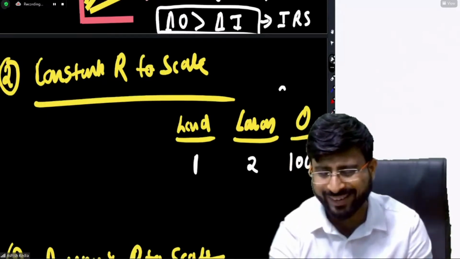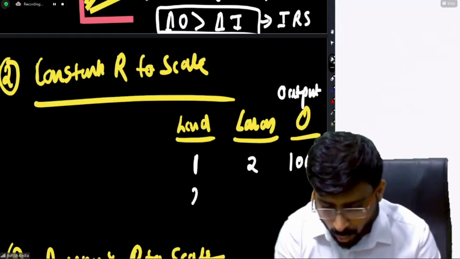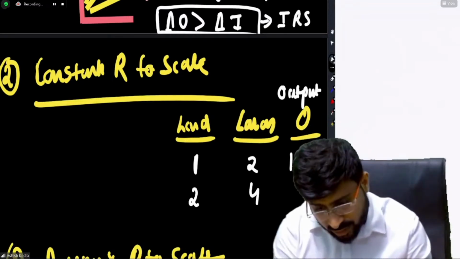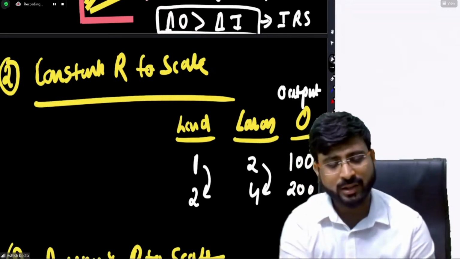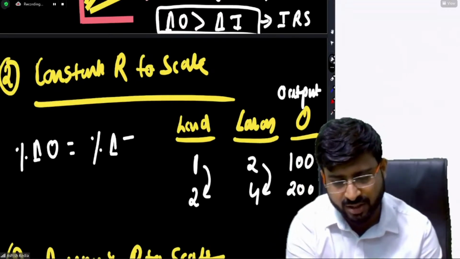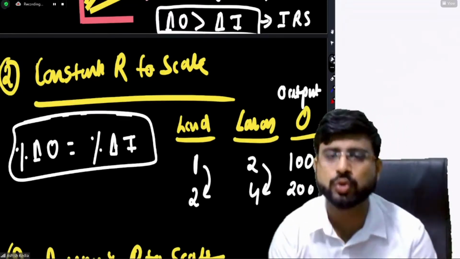So 2 units of land and 4 units of labor. If they produce exactly, see it is doubled. So if output is exactly doubled, that is percentage change in output is equal to percentage change in input, then my dear students, we call it constant returns to scale.